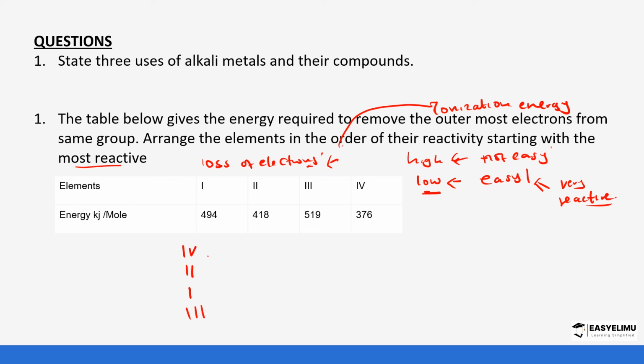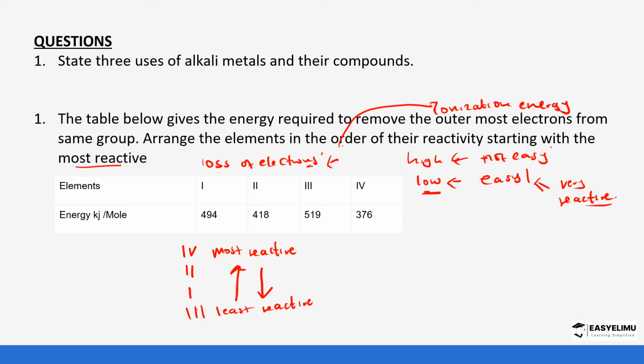So element 4 is the most reactive, and element 3 is the least reactive. You can put it going up or going down, it's okay.